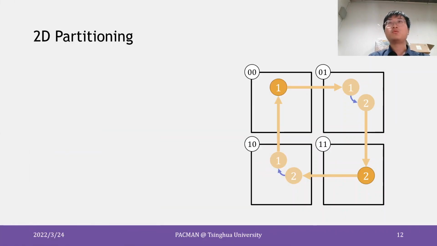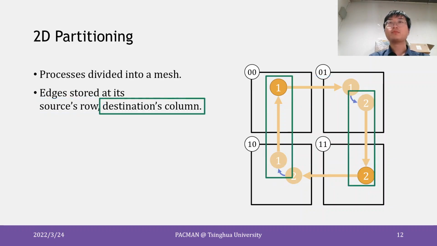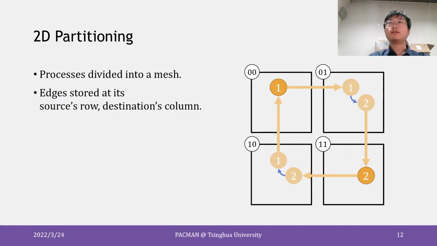Besides the 1D-based partitioning, there is also a partitioning based on a 2D strategy that has achieved large scale. In this method, processes are first divided into a mesh. Then the edges are stored at their source's row and destination's column. The vertex data is first sent to the cross-point node through rows via a collective all-gather.